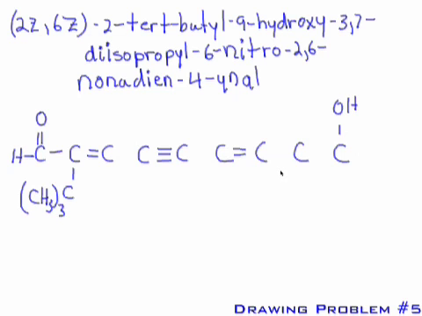We have 3,7-diisopropyl. So let's put the isopropyls down. And 3, 7. So 1, 2, 3, 4, 5, 6, 7. Looks like this one here.